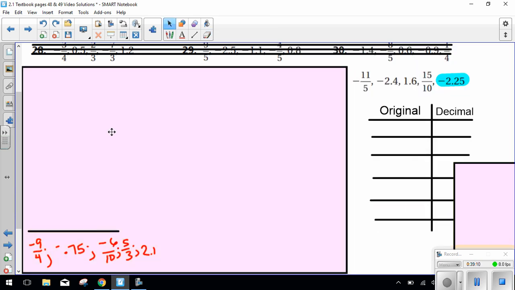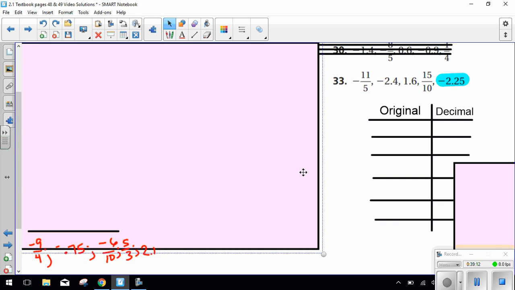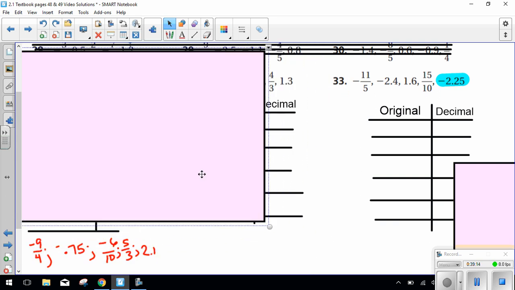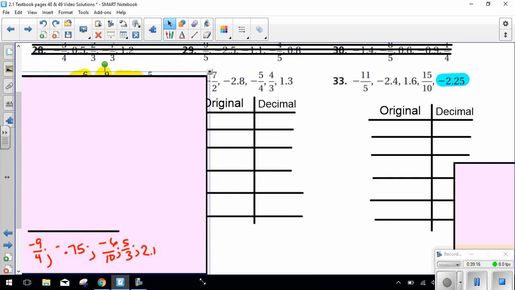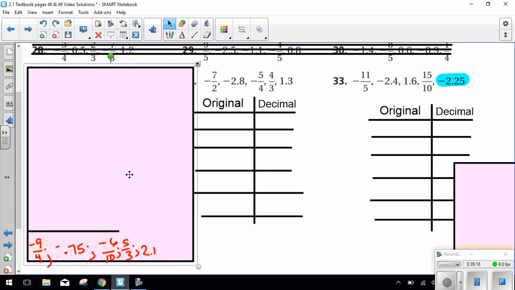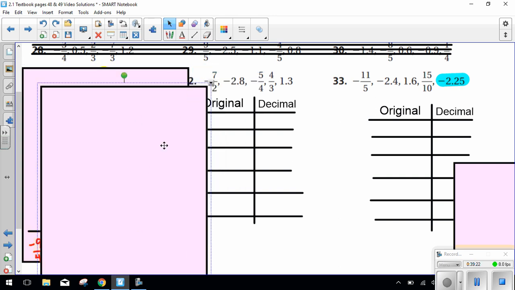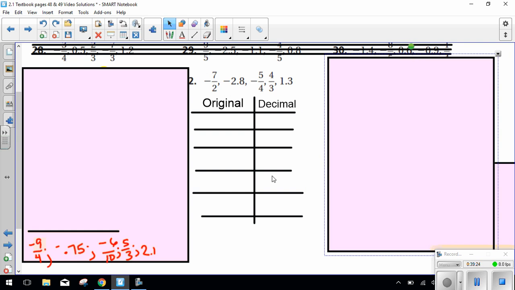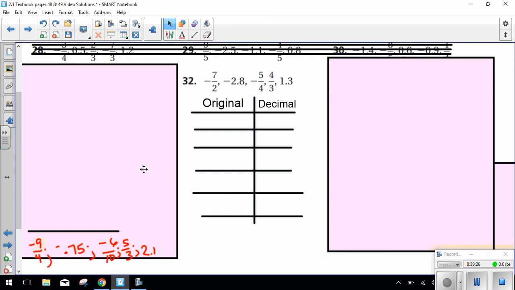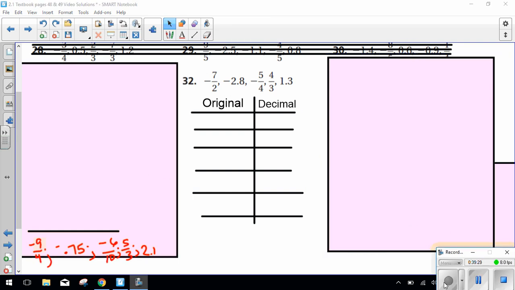Okay, so we're going to take a look at number 32. Okay, right, everything takes time, right? So for 32, we're going to do the same thing we did for 31.